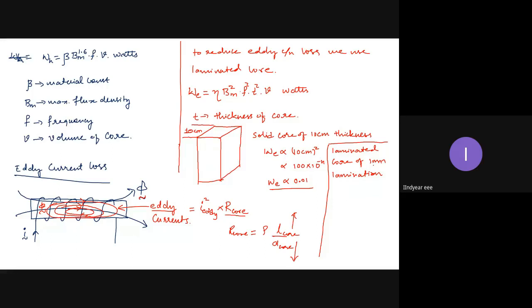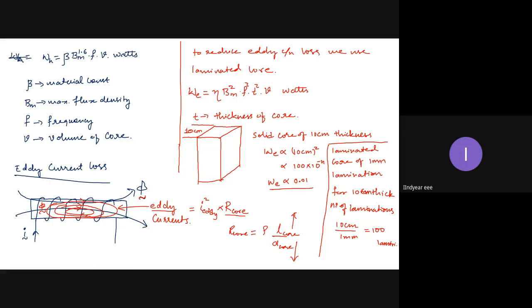Laminated core of 1 mm. So how many laminations I need? For 10 centimeter thickness, number of laminations equals 10 centimeter by 1 millimeter. I think I will get 100 laminations.